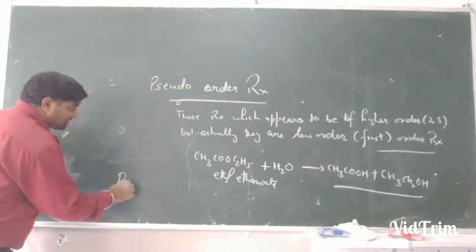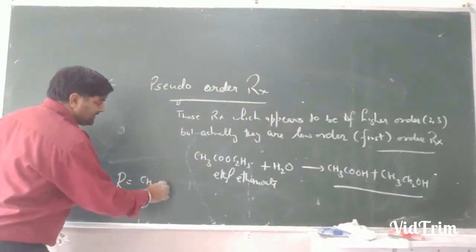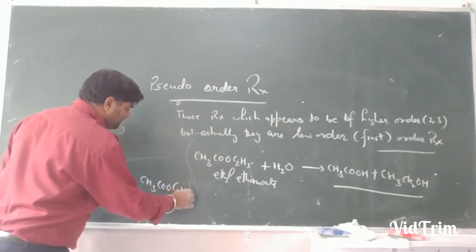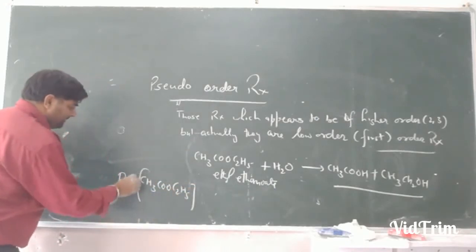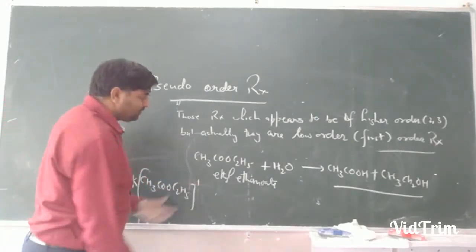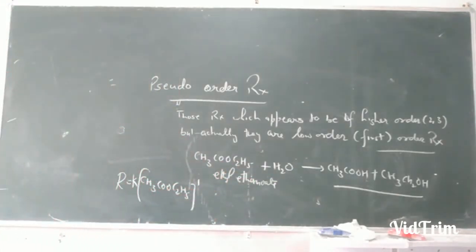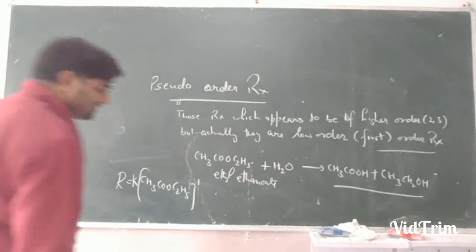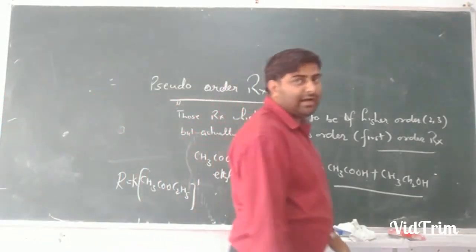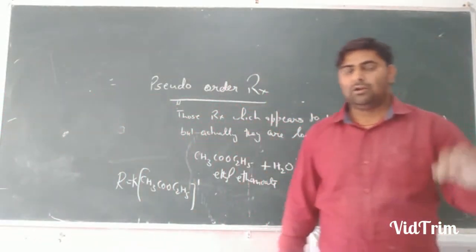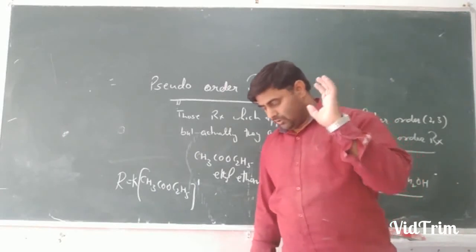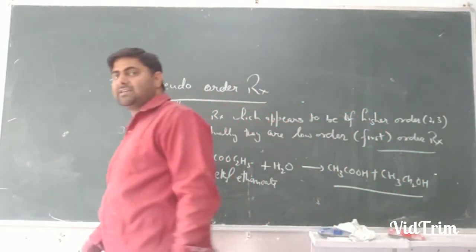The rate of the reaction is found to be K[CH3COOC2H5]. Although this reaction appears to be of second order, actually it is of first order. So those reactions which appear to be of higher order but actually are of lower order are called pseudo order reactions.